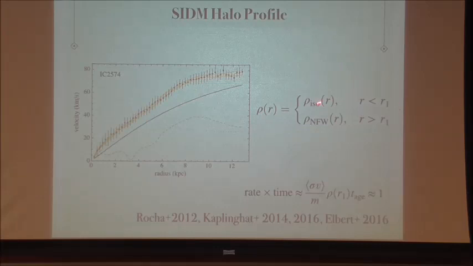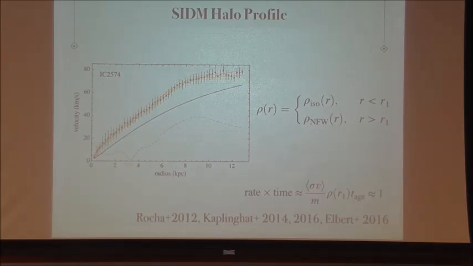I should say that basically if you put in any general cored halo, you'll get a good fit here. This is not something only SIDM can do. If you can core the halo profile, you can fit the rotation curve. But what's nice about this model is that we can tie together the self-scattering interaction rate to the halo properties.